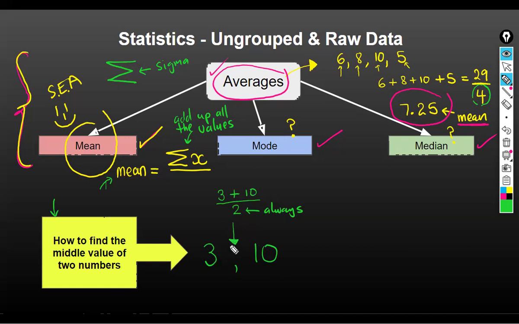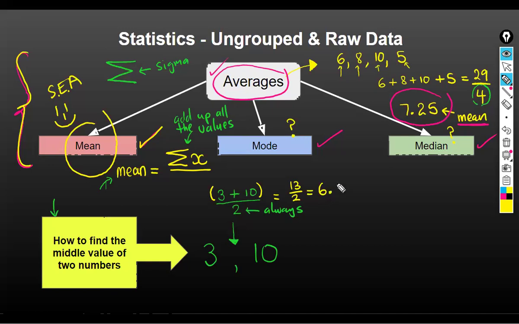So could you all find the value that lies in between 3 and 10? Add the 3 and 10. If you're using a calculator, make sure the 3 and the 10 are in brackets. Open brackets, 3 plus 10, close the brackets, and then divide by 2. Otherwise, the calculator will give you a wrong answer. Or you can just add 3 and 10 in your head to get 13 and then divide it by 2.